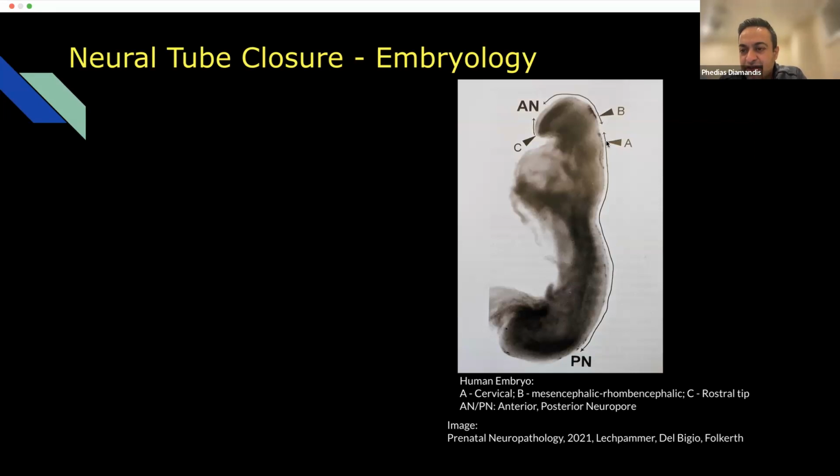So again, you have closure, it zips up the spinal cord, moves up, and then you have different closure sites that may be involved in helping close an anterior neural pore.